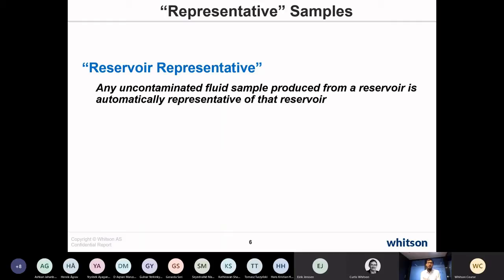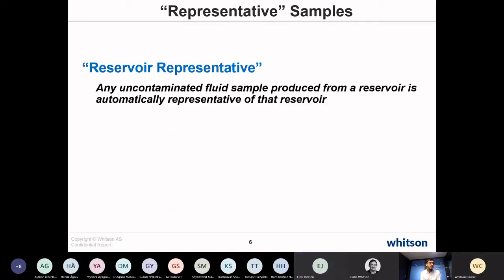But the problem is that when you are doing the PVT analysis, you cannot do it on your reservoir representative sample, because you don't have that sample. You can only do the mathematical decontamination and calculate the composition of the sample that you expect in the reservoir.